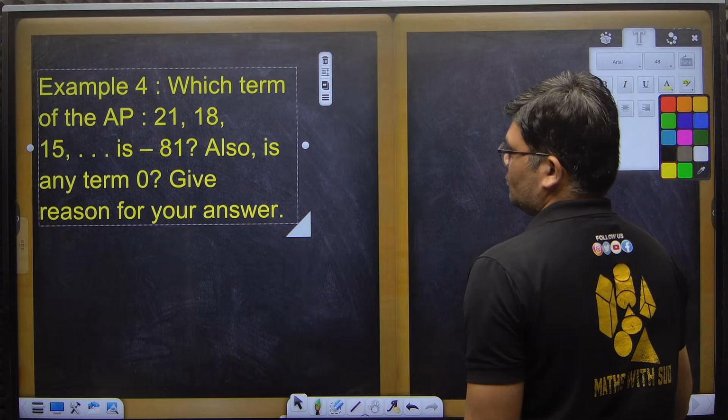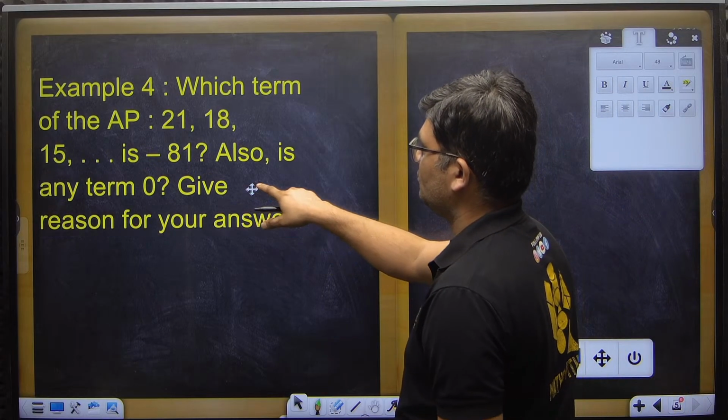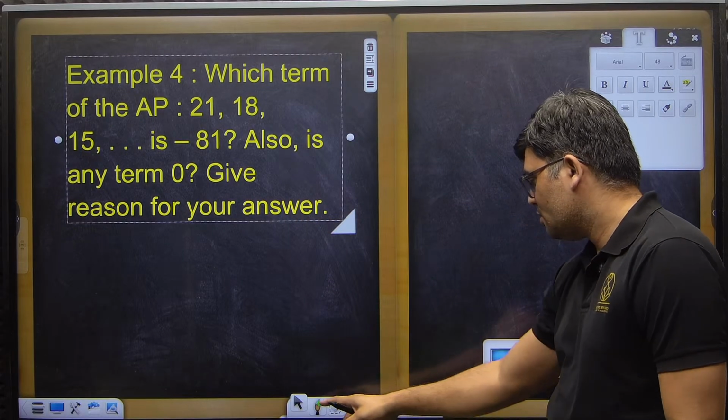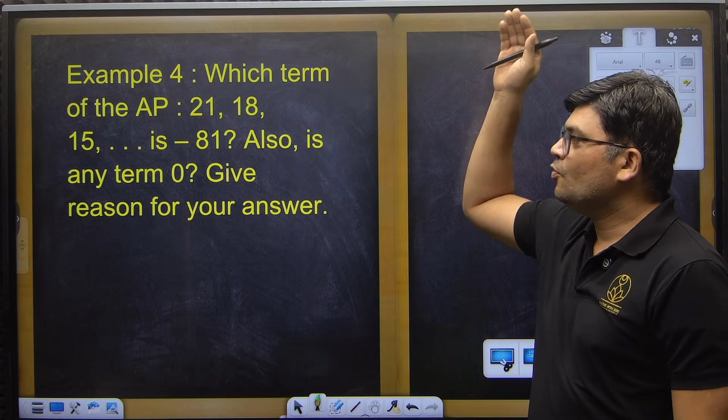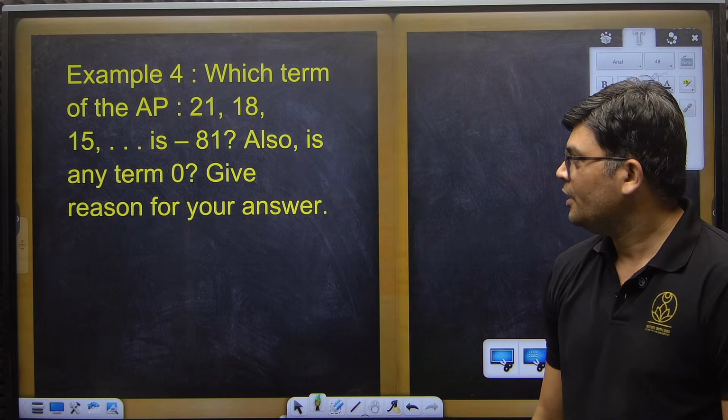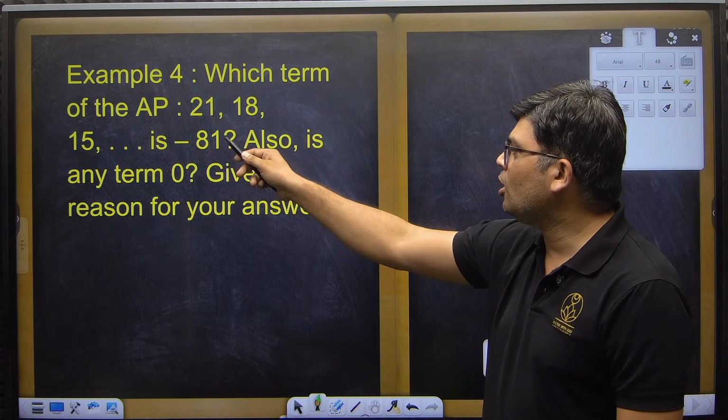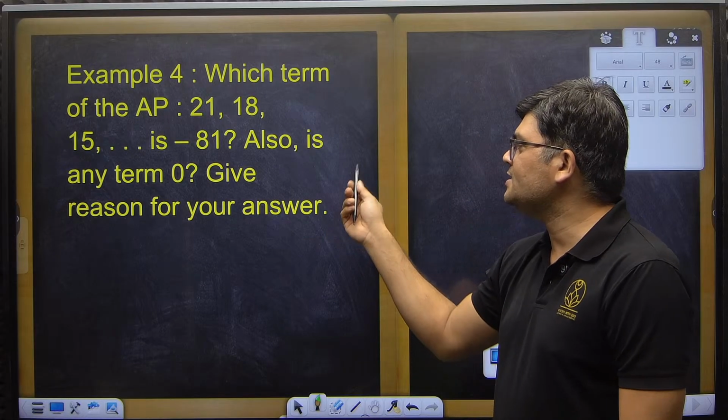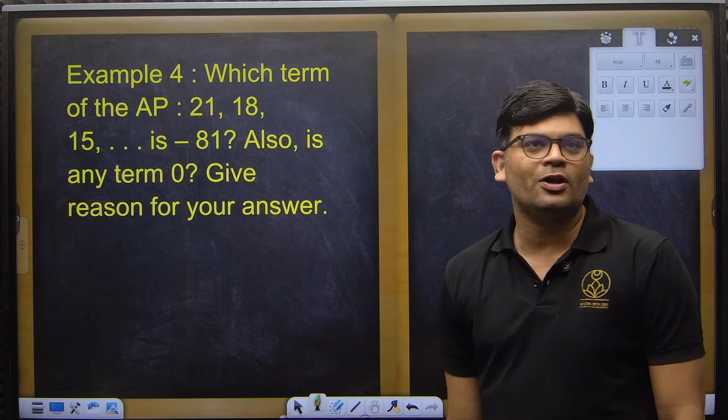Yes, sir. The question is, which term of the AP 21, 18, 15, dot dot dot is minus 81? Also, is any term 0? Give reason for your answer.